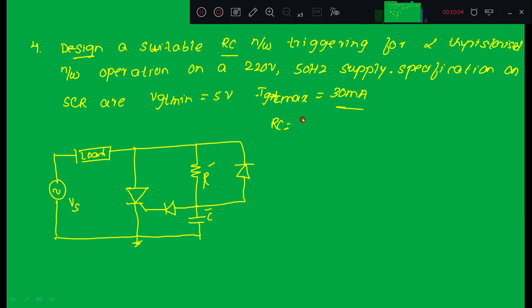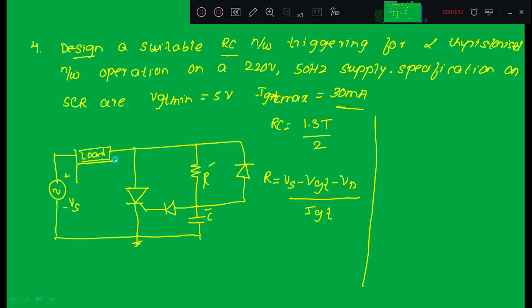RC triggering, RC is given by the formula for half wave, 1.3T divided by 2. This is the one formula we are supposed to use, and we are supposed to calculate R and C. So R is given by the formula Vs minus Vgt minus Vd divided by Igt. How do we get this formula? Vs minus R into the current minus Vd minus Vgt equal to 0.